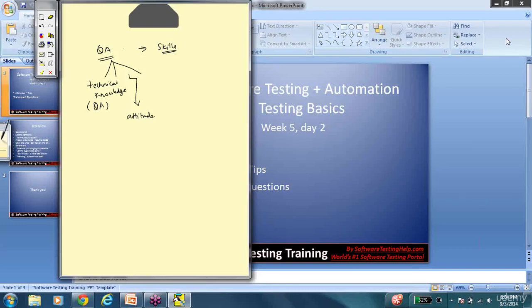When you look at it from an outside point of view, we are like the speed breakers, the speed bumps on the road. So it is extremely important to be able to carry that information in a constructive manner, and to not take things personally. All of these factors play a major role in being a QA.